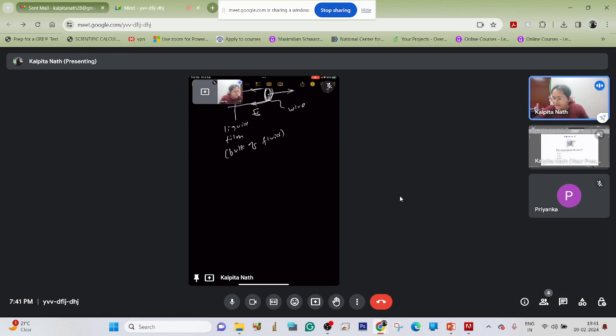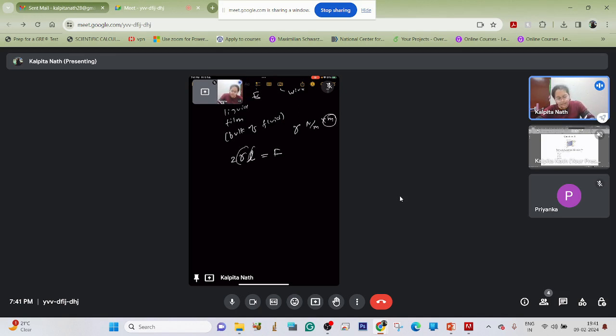So we have to find the surface tension. Surface tension will be equal to that force, right? Surface tension is basically just a coefficient. So surface tension is equal to Newton per meter. So we'll just multiply it with meter, nothing else.